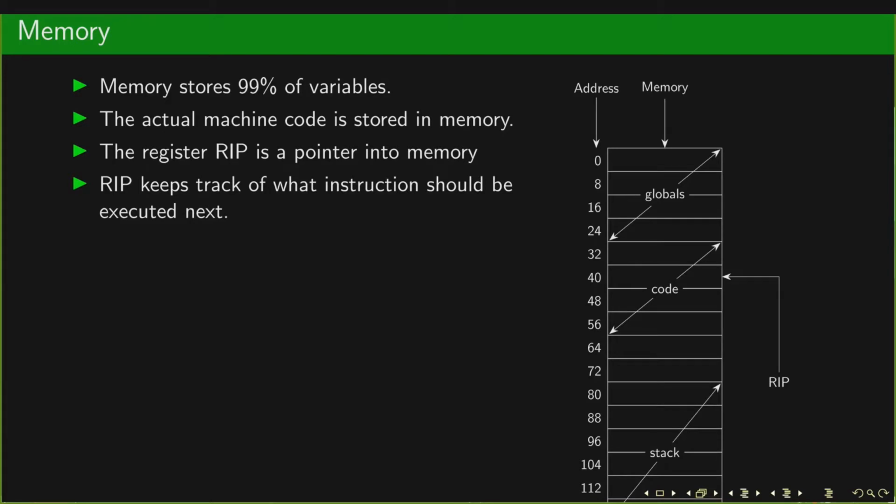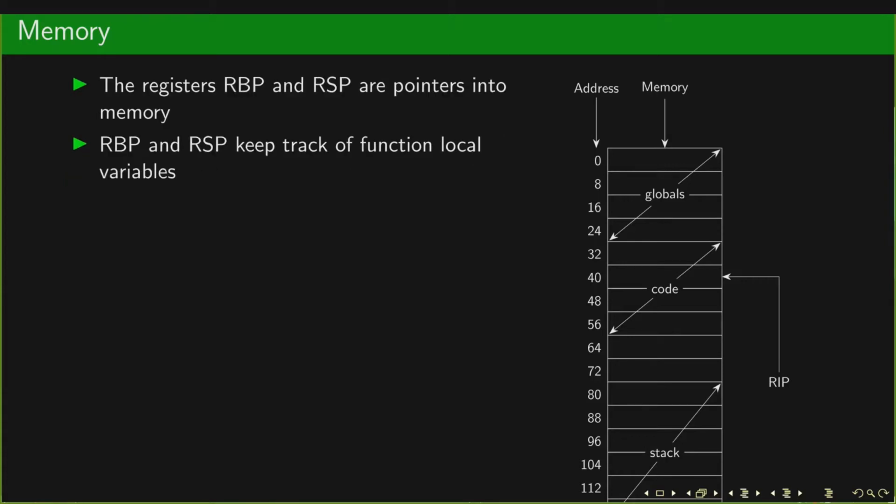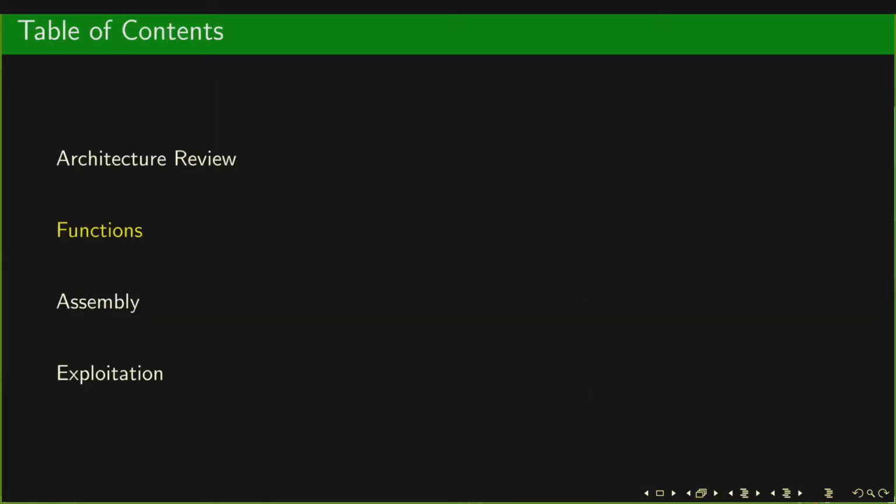RIP is literally just what code is executing at this specific moment in time. The other two registers that are pointers into memory are RBP and RSP, and these are used to keep track of function local variables. I'll talk more about that in just a second.